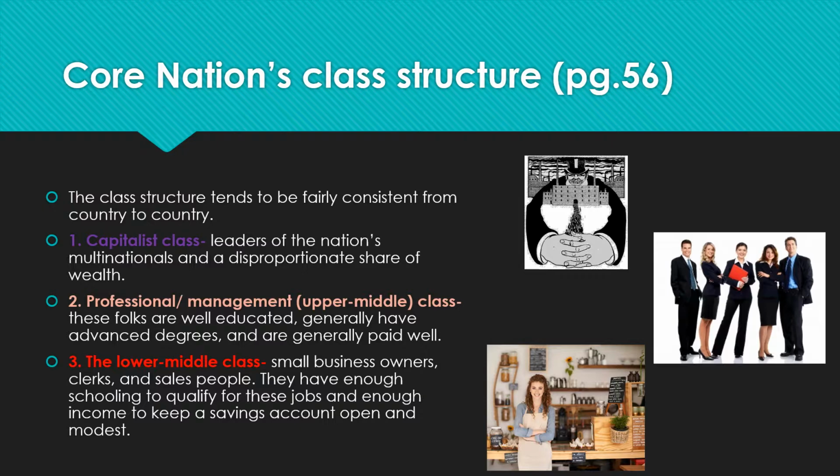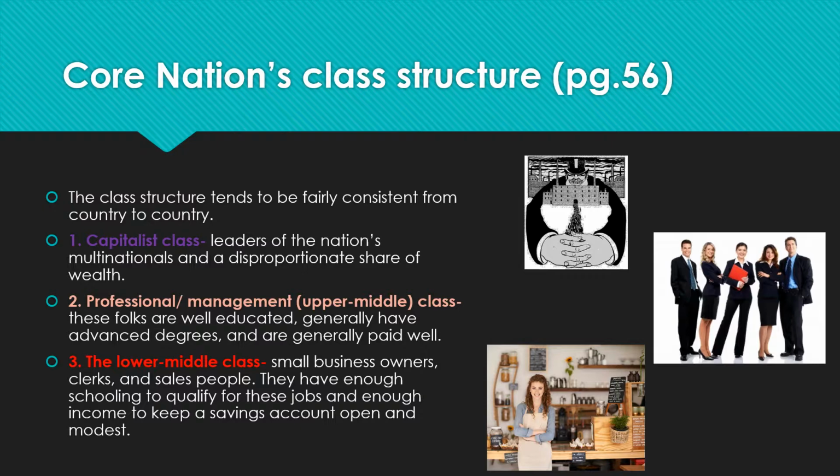Secondly, you have the professional management or the upper middle class. These folks are well educated, generally have advanced degrees, and are generally paid well. I showed them by the example on the right. This could include male or female. I don't want to say CEOs because the label of CEO is usually put with the capitalist class, so please don't assume these people are CEOs, but maybe in some of the hierarchy steps below a CEO.